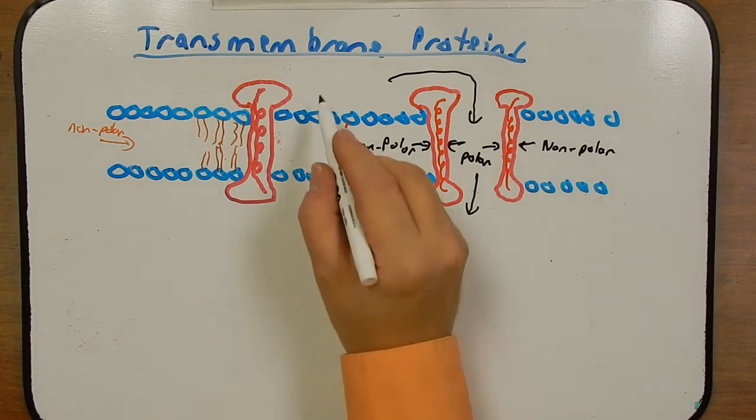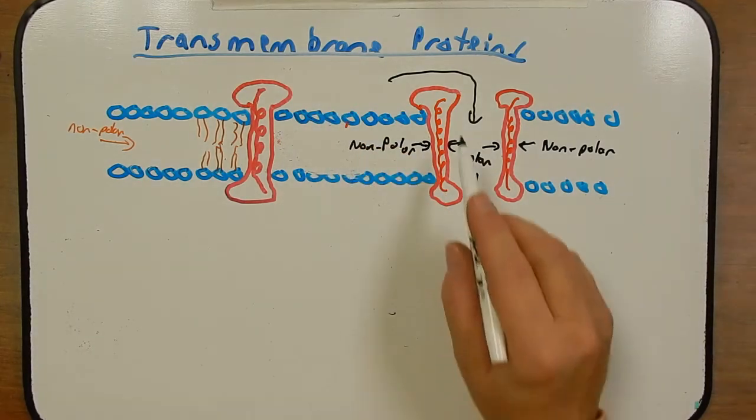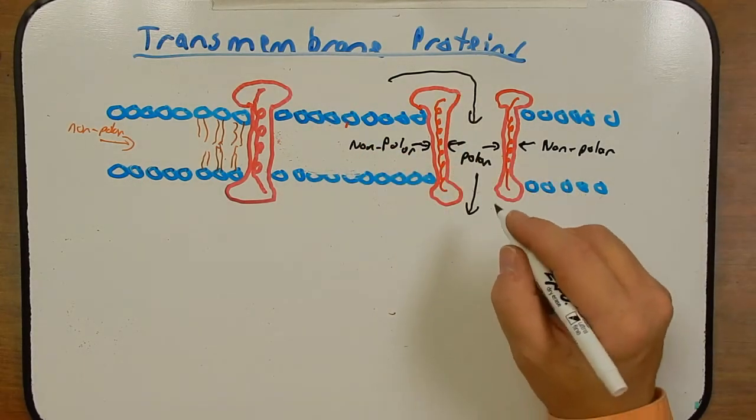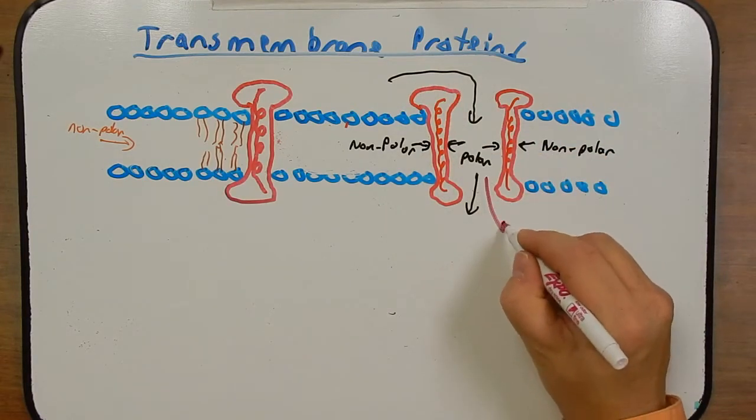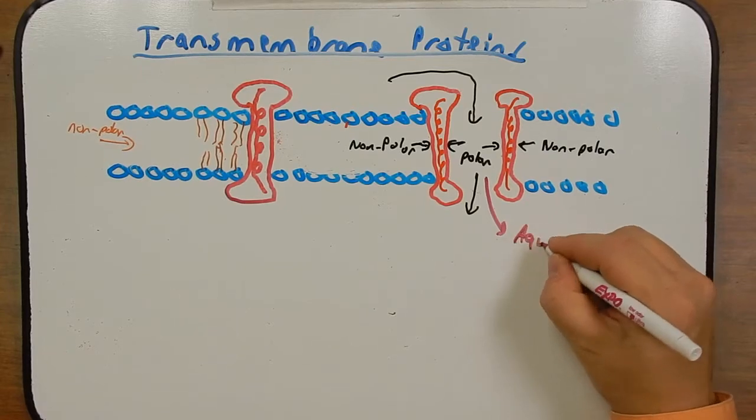Glucose cannot pass through here on its own, but it could pass through one of these channels. So we call this area here that has this polar nature to it the aqueous pore.